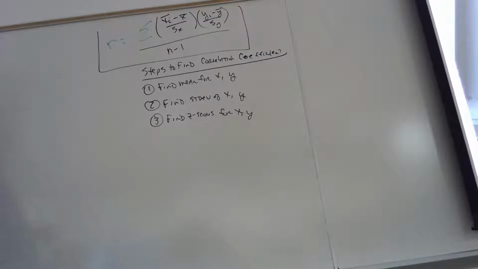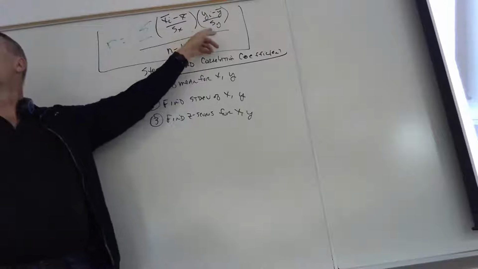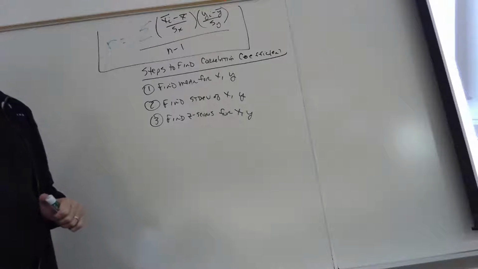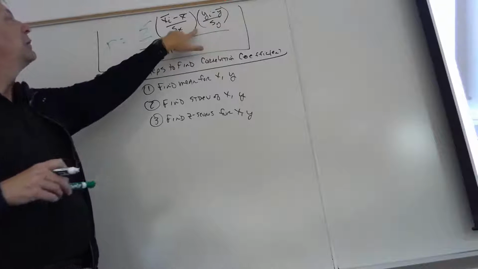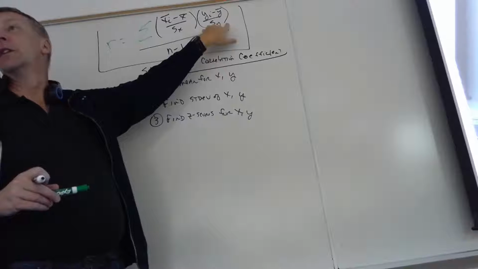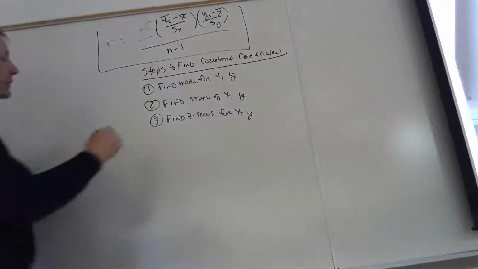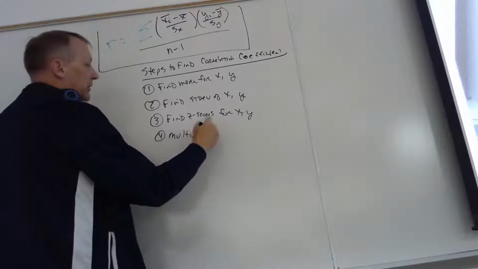Okay? What is this telling you to do with those z-scores? No, those are S's. These are both S's. But this whole piece is a z-score, right? And this is also a z-score. What are we doing with these z-scores, Allie? You're going to multiply the z-scores.